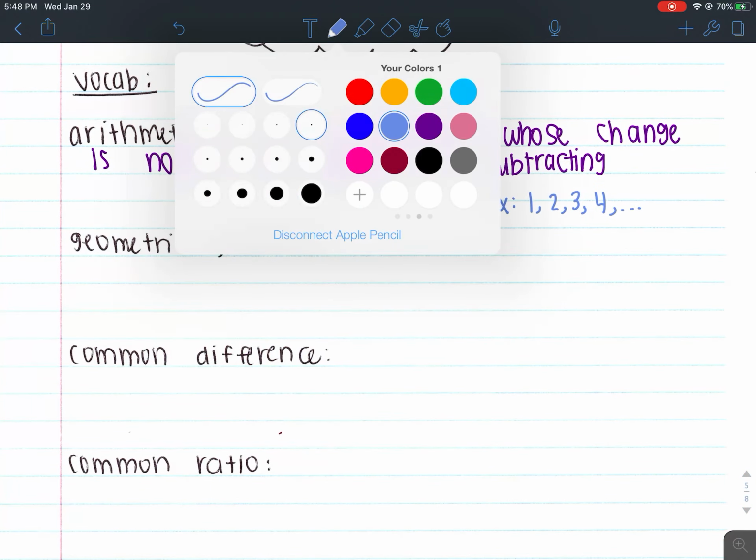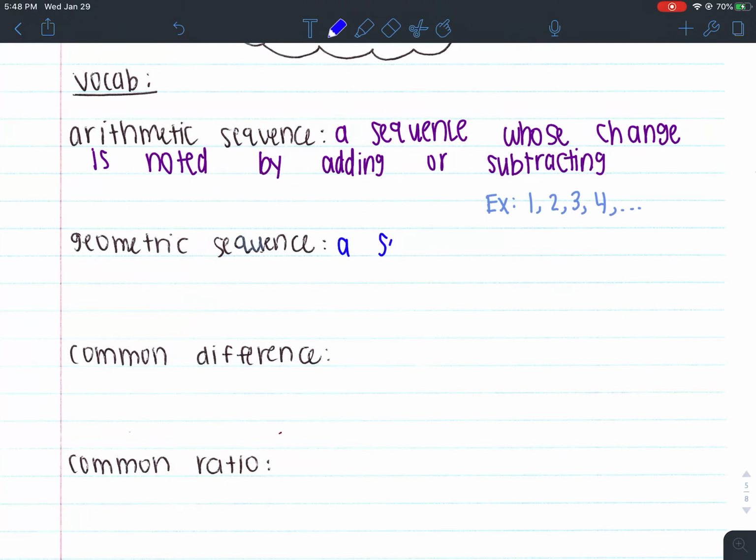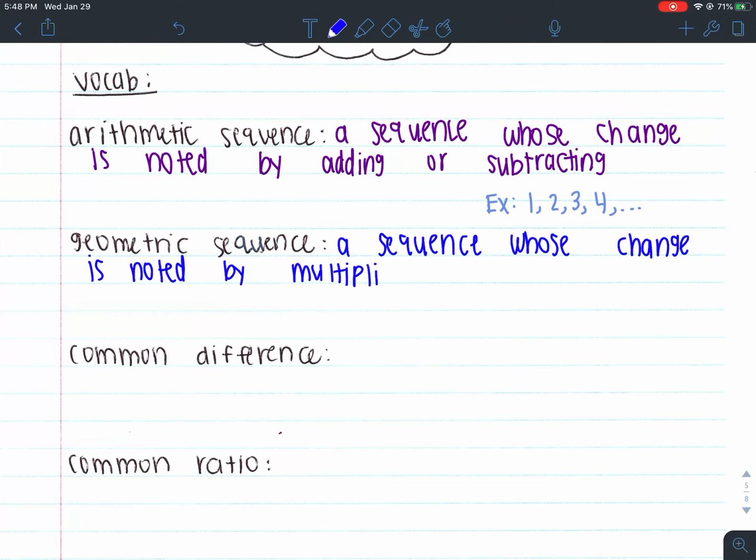A geometric sequence is a sequence whose change is noted by multiplication only, so no division. Okay, only multiplication.